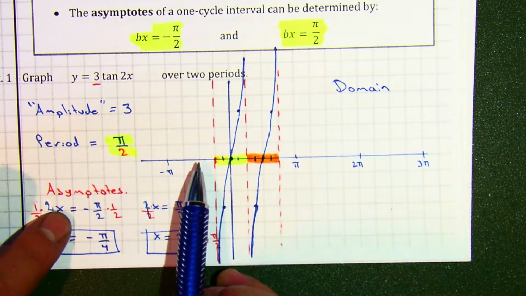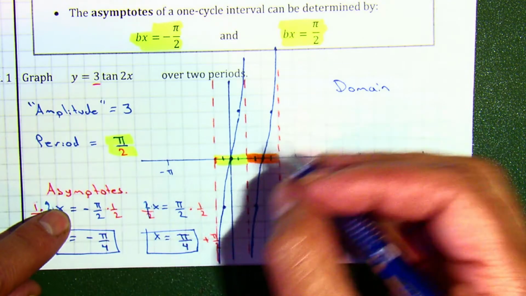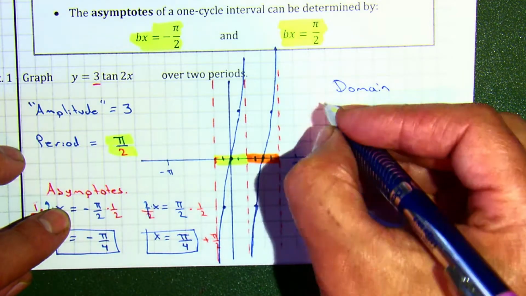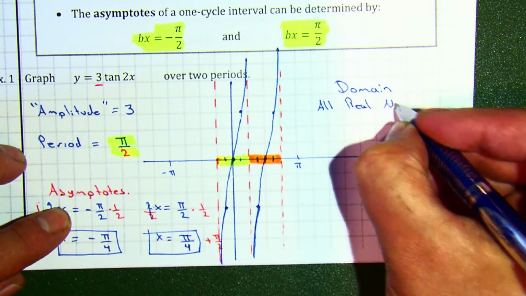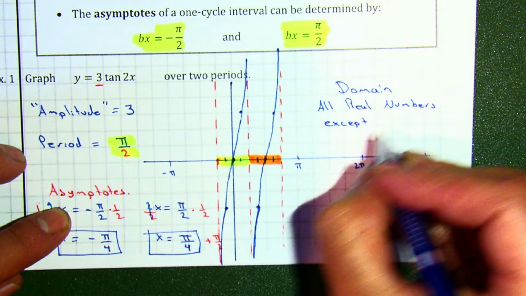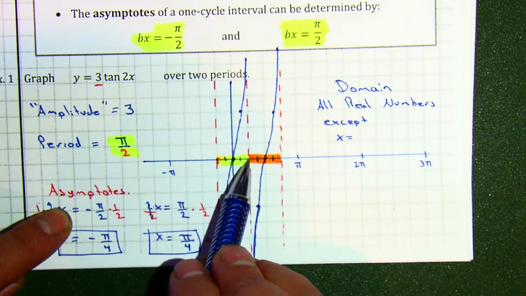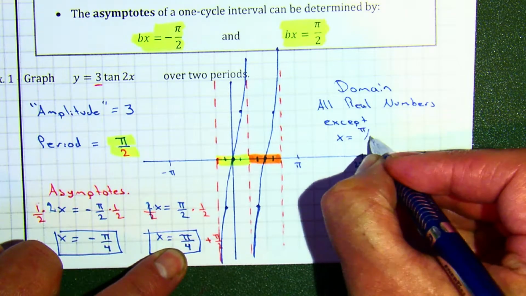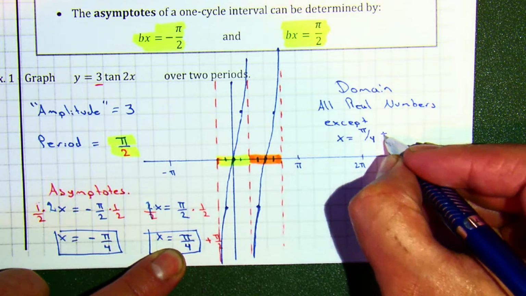My domain is going to be all real numbers except for, and we're going to write it in a different form, because otherwise we'd have to write down every single interval. So we're going to say all real numbers except when x is equal to, and I'm going to just pick one of my asymptotes. I'm going to pick the positive one, which is pi over 4, and it repeats every pi over 2 because that's my period.